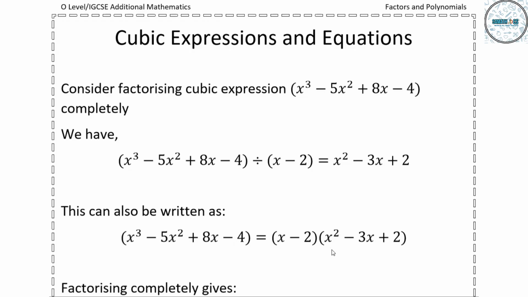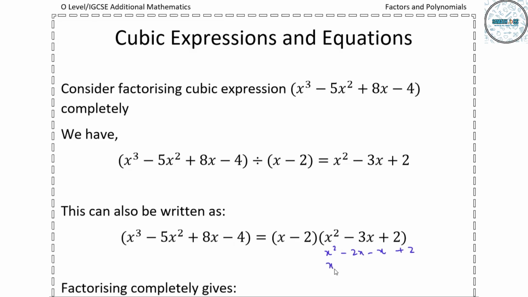If we factorize this quadratic factor, we will get two linear factors. So if we use middle term breaking to factorize it, we will get x squared minus 2x minus x plus 2.